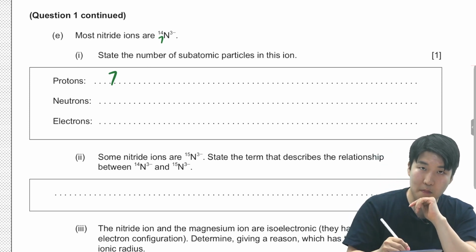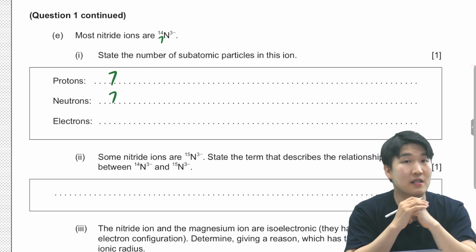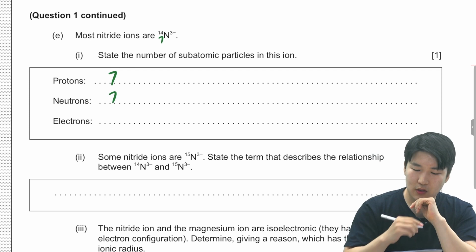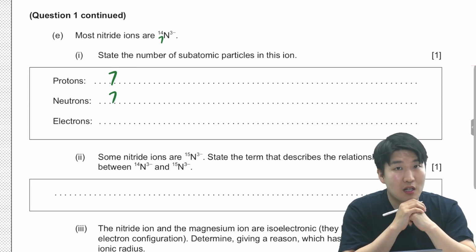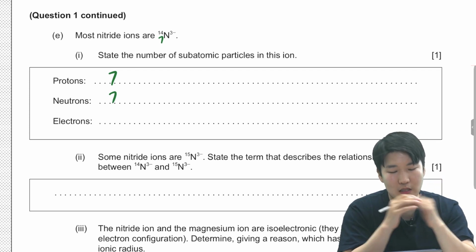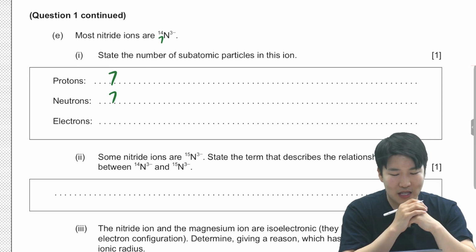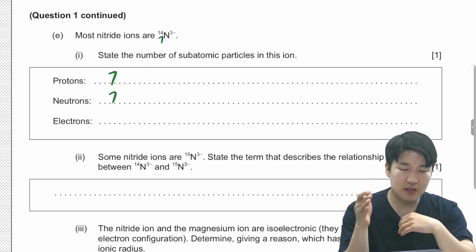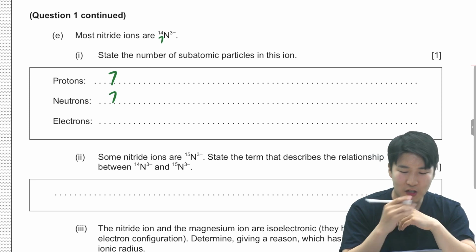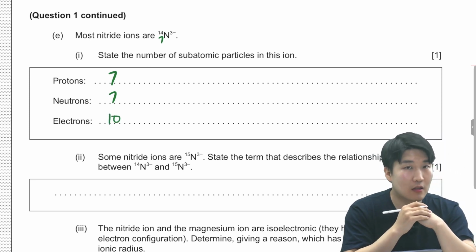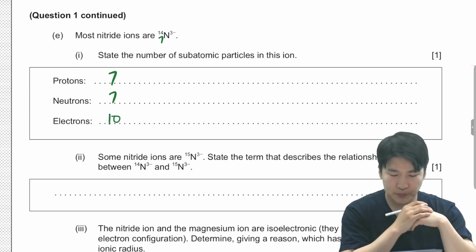Neutrons, the mass number take away the number of protons, so 7. Electrons, in a nitrogen atom would be equal to the number of protons, 7. But in the anionic state, there will be 3 additional electrons added, as indicated by the 3- charge.